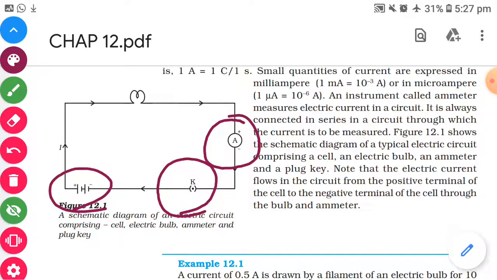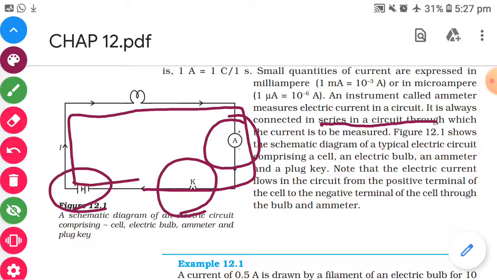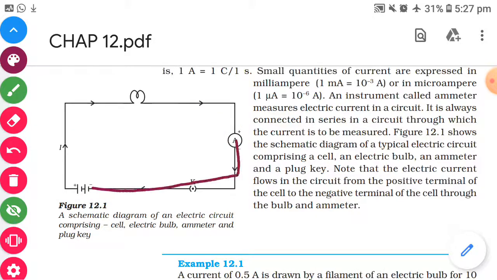It is connected always in series in the circuit. In one line everything is joined this way. That is a connection which is called a series connection. In one line everything is joined, then it is a series connection. So this is the ammeter. What does it do? It measures electric current.